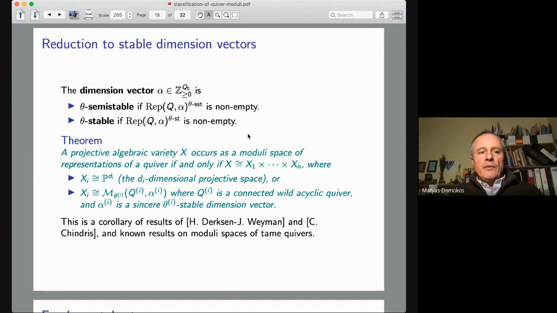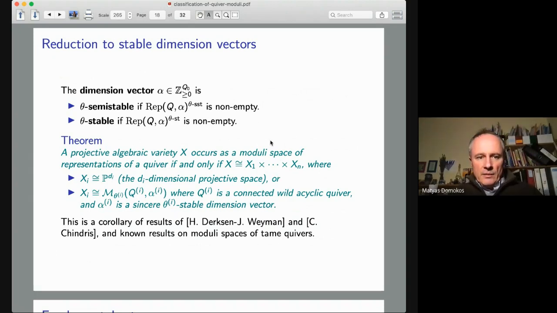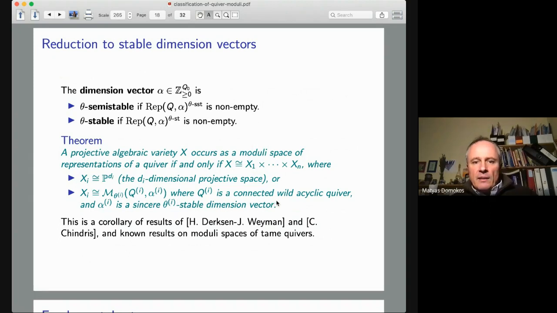And then we have the following theorem, which is a corollary of results of Derksen and Weyman and also Kinser, and some known results on moduli spaces of tame quivers, that a projective algebraic variety X occurs as a moduli space of representations of a quiver if and only if it's a product of factors where each factor is a projective space or is a moduli space of a wild acyclic quiver with a stable dimension vector, stable for some weight.